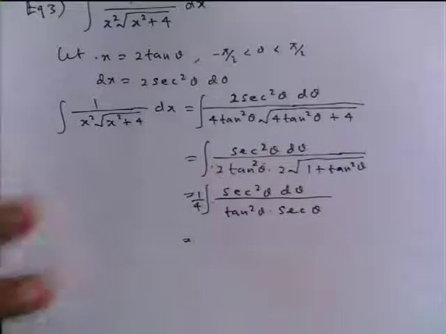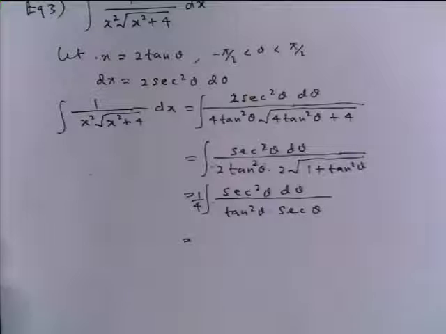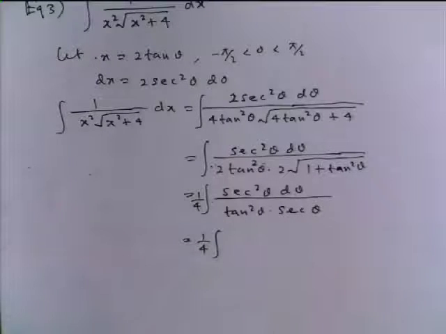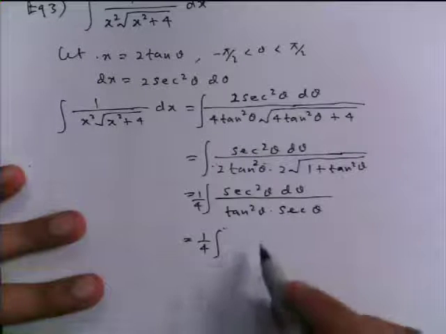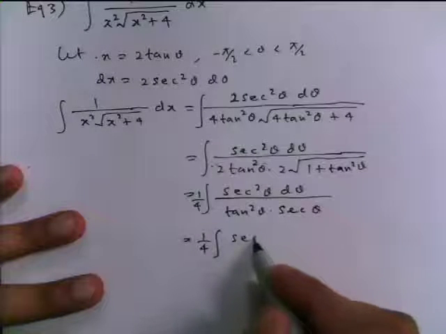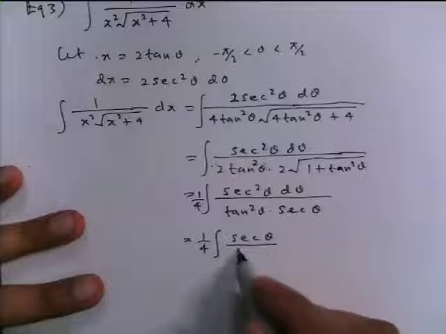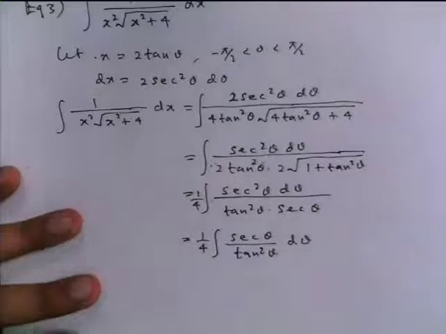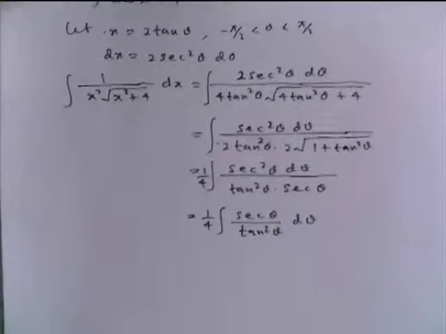So what do you get? One of the secants gets cancelled. So you're going to get secant theta divided by tan squared theta d theta. Is that right?